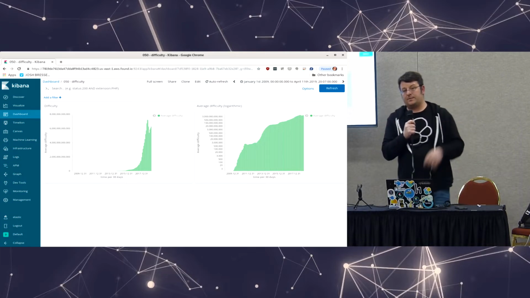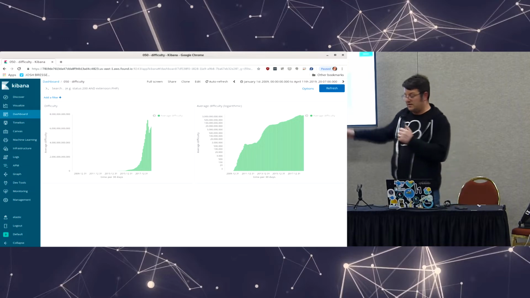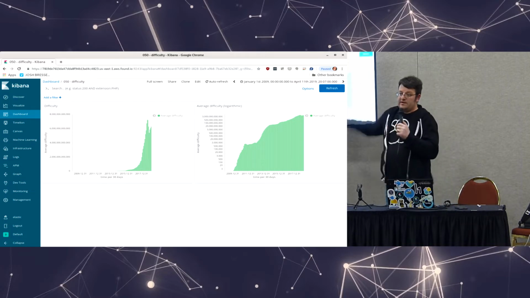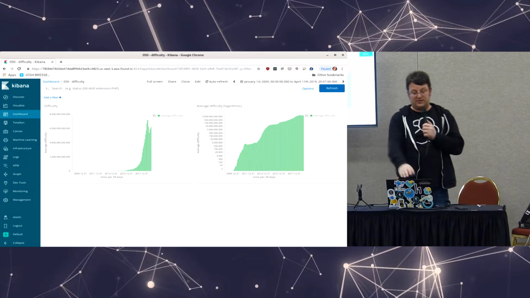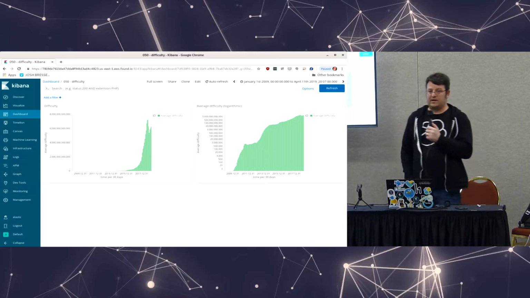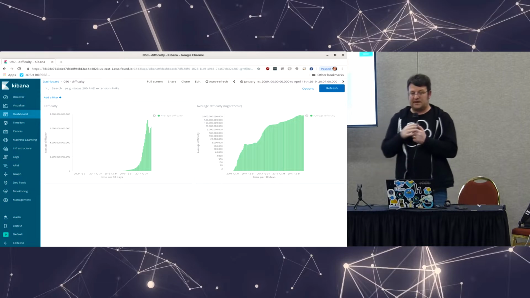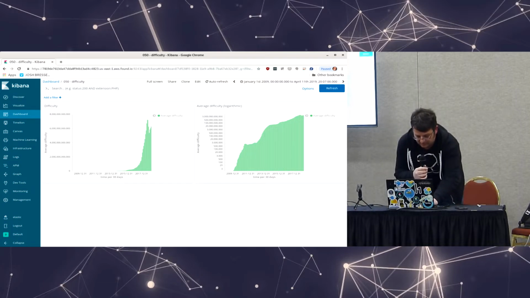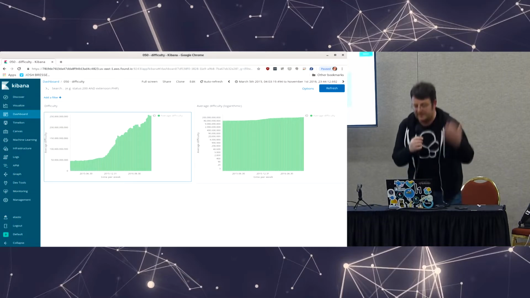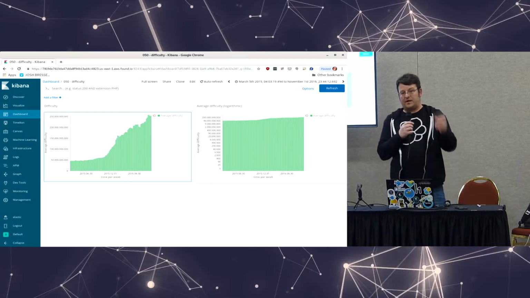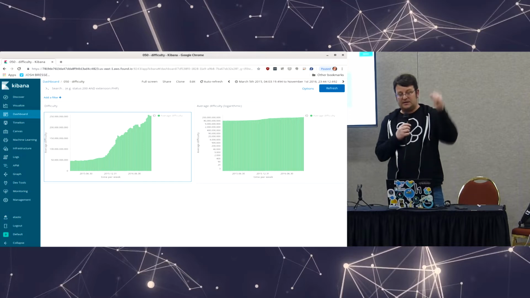Now, the one thing to keep in mind though, is the other side here, this is the logarithmic graph of mining. So even though it looks like an insane dip there, it's really not that bad when you look at it the data sciencey way. And now here's one of the really cool things. If we take almost any section of time in difficulty, it's always going up like this. It doesn't matter what part of that graph I select, this is the graph.